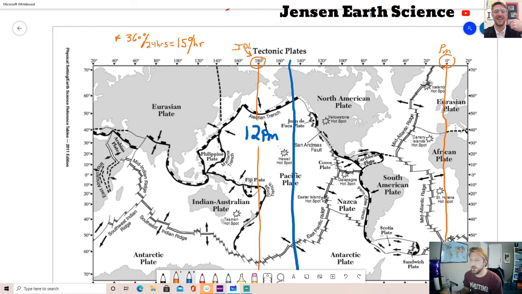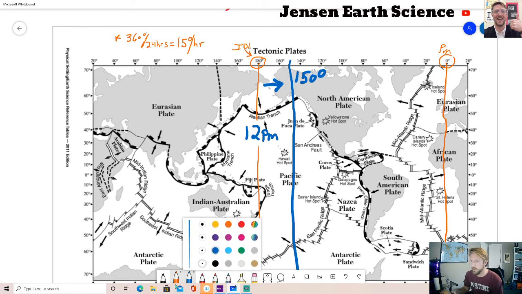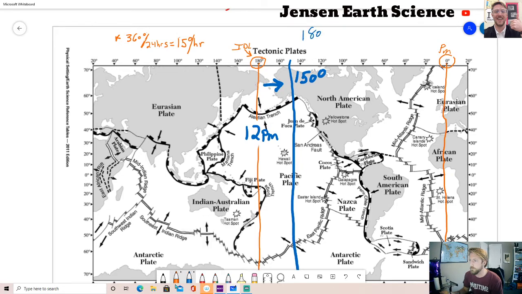So it's 12 p.m. at 180 degrees, and we want to figure out what time it is at 150 degrees. First we want to figure out how many degrees apart these two places are, 180 and 150. So 180 degrees minus 150 degrees will give me 30 degrees.